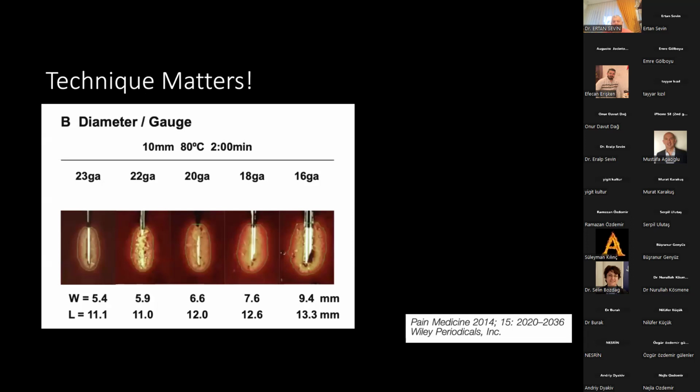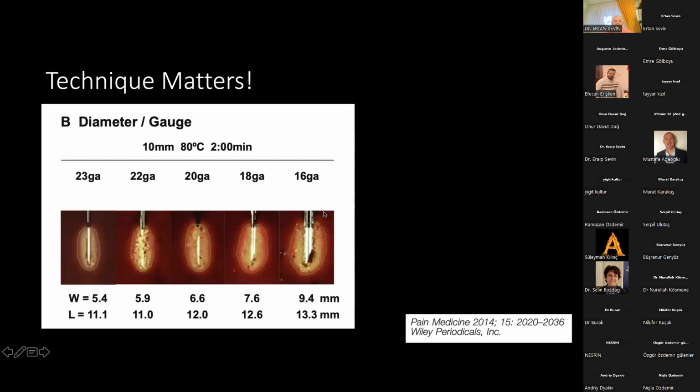And what that means, similar to lots of other intricate spine procedures, is that technique matters. So when you look at the electrodes, this is a study in an animal model, but they tried to map out how big is the lesion you get when you use different electrodes.